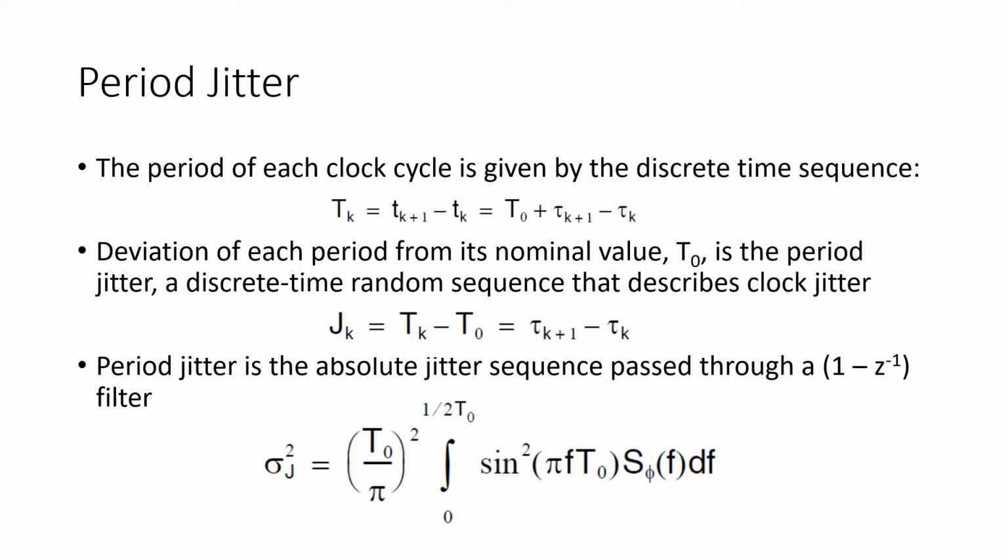So let's think again about our clock waveform. At first we defined the absolute jitter sequence as the deviation of the zero crossings from their ideal times. But instead, let's define a discrete time process for the periods of the clock waveform.